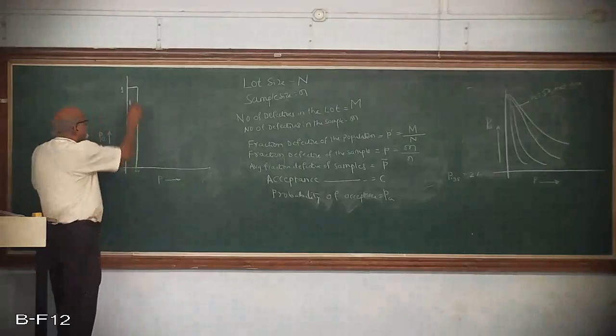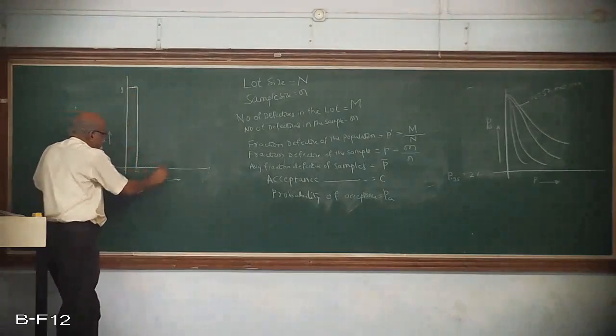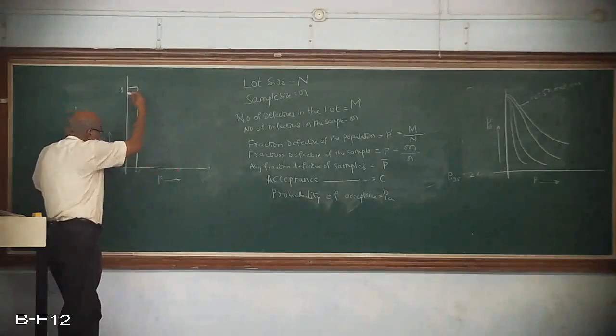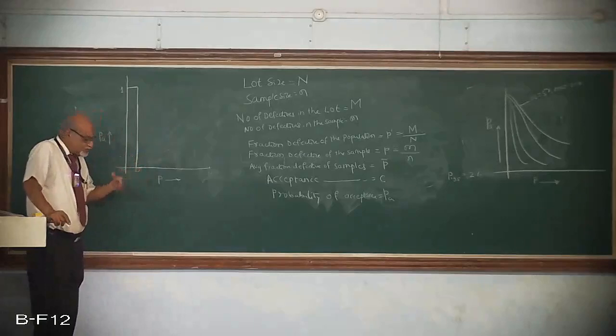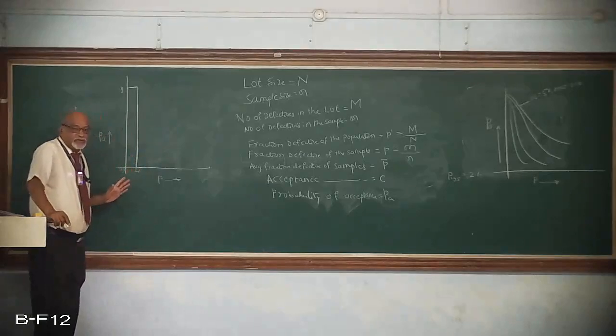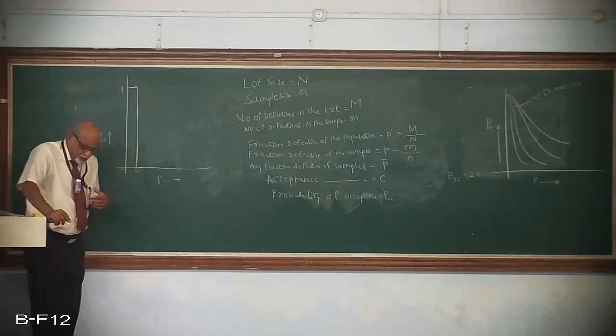This is the acceptance region. This is the rejection region. Anything above this? No. All the lots, if they consist of more than that, are rejected. Understood? This is the ideal situation, in the sense of when we go for 100% inspection.